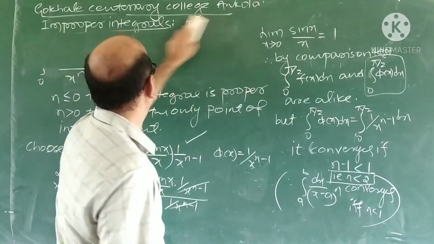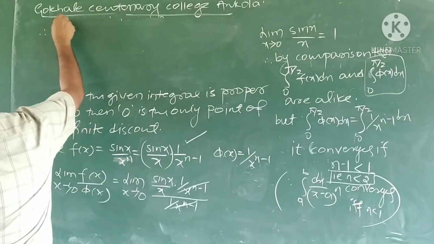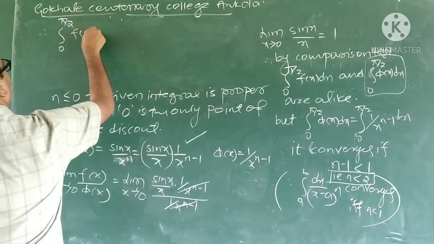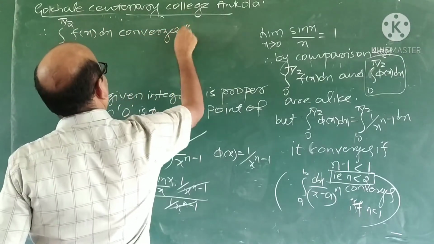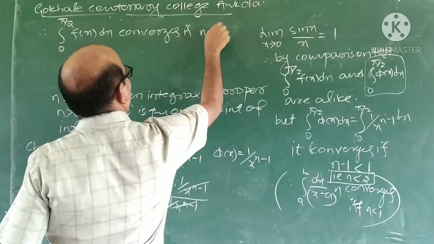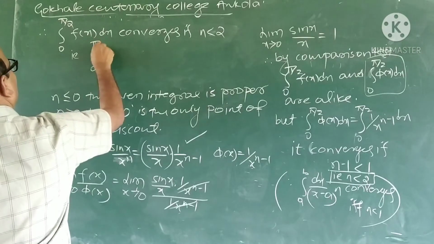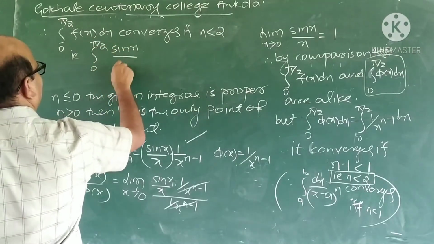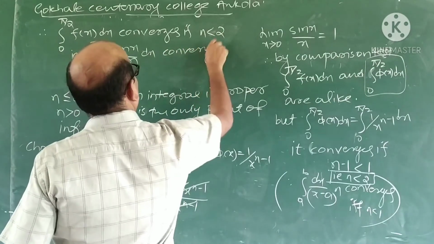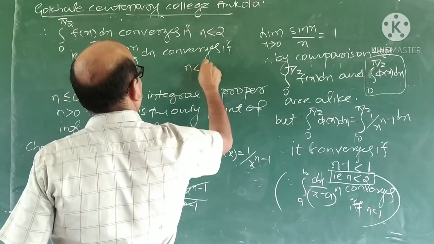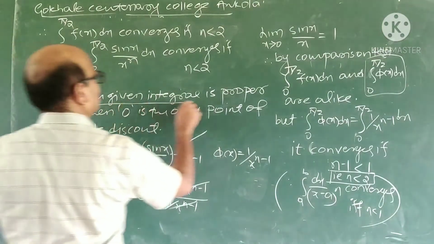Therefore, by comparison test, integral 0 to pi by 2 f(x) dx converges if n is less than 2. That is, integral 0 to pi by 2 (sin x by x) raised to n dx converges if n is less than 2. This includes this case.